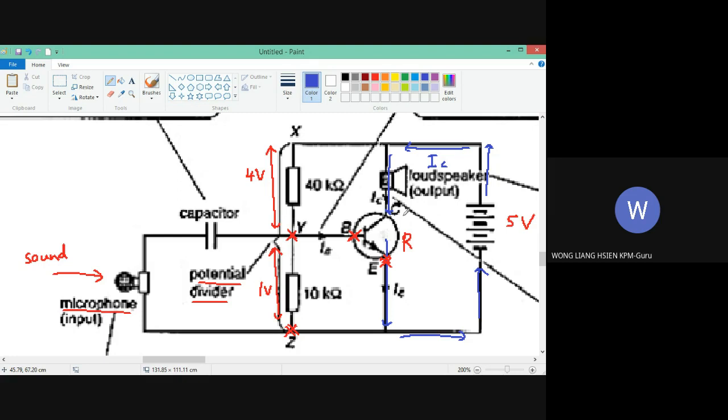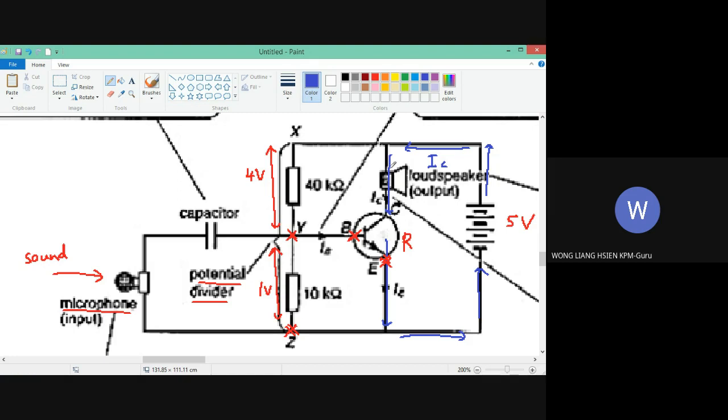And of course, the actual circuit in an amplifier, like the PA system, is not so simple, because the sound can become very, very loud. So how do they make it very loud?